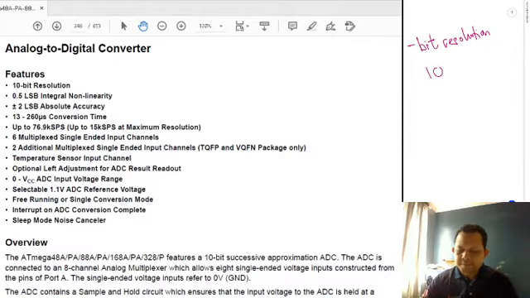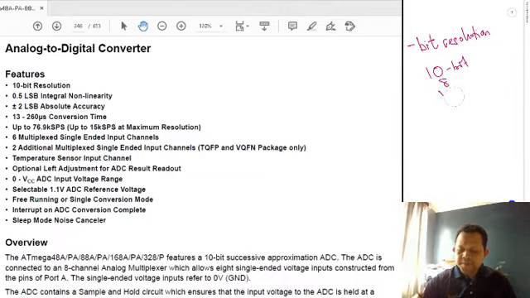Is it 10 bit, or 8 bit, or maybe 12 bit, or maybe 16 bit, or maybe 24 bits? Up to now I think there is up to 24 bits. Okay, but which one is the best? So what does bit resolution mean?